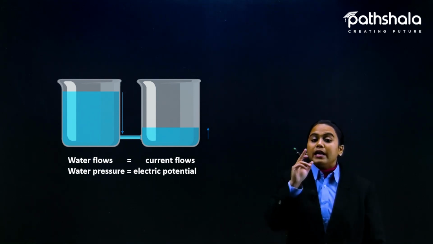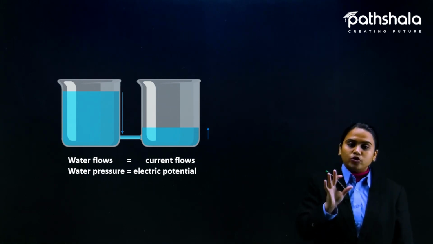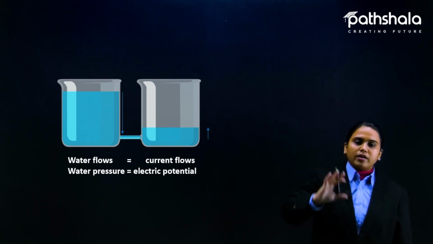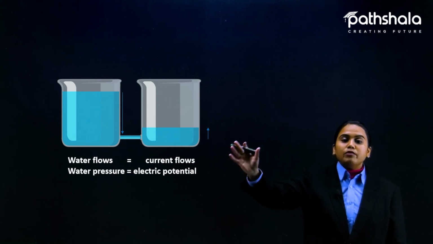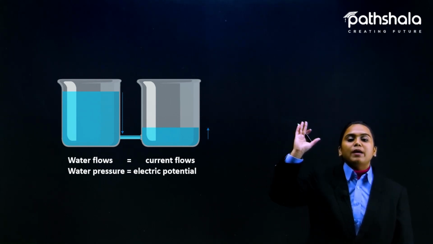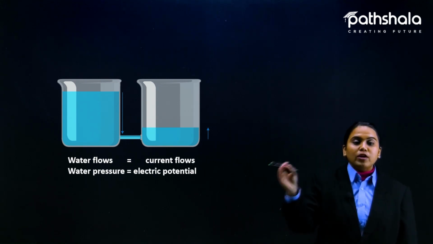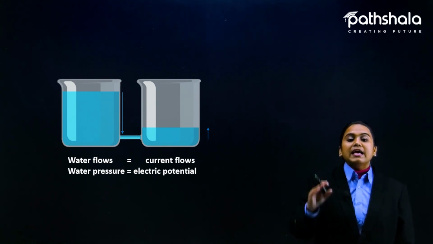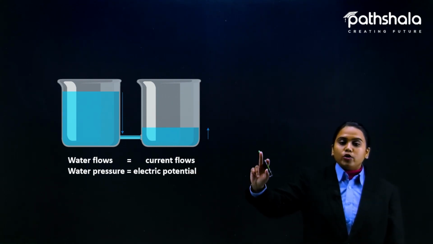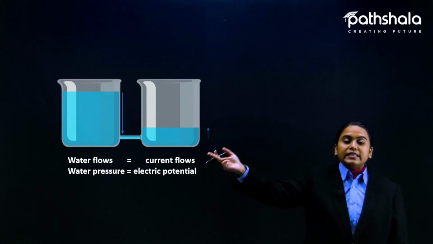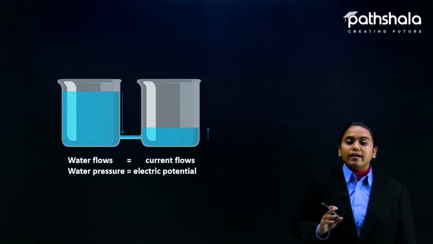In the same manner, electrons flow from one position to another, and that electron flow is the current flow. Electron flows, current flows. Charged particle flows, current flows. So current can be denoted by the water flow, but the pressure with which the water is flowing from bucket 1 to the other bucket is the electric potential. Pressure is equivalent to potential and the flow is equivalent to the current here.